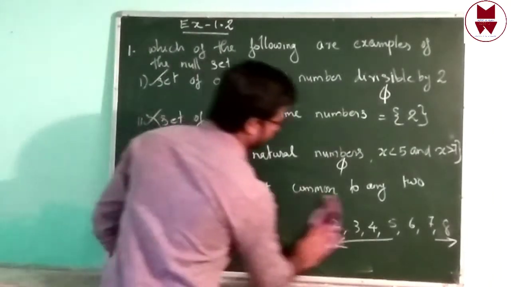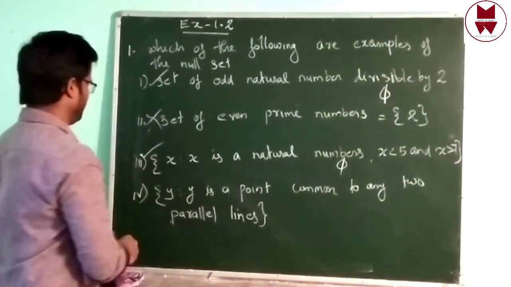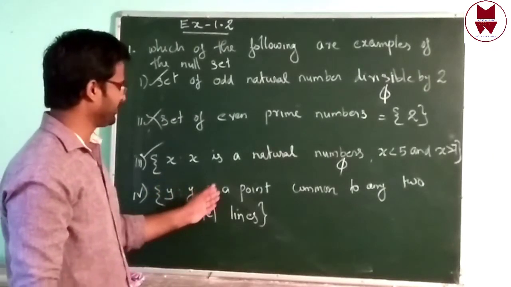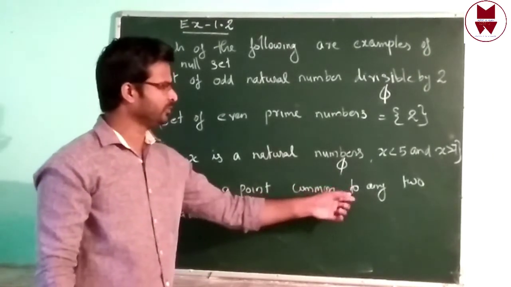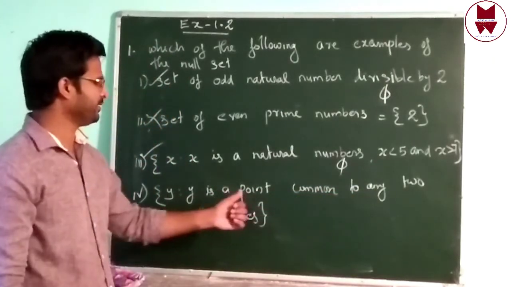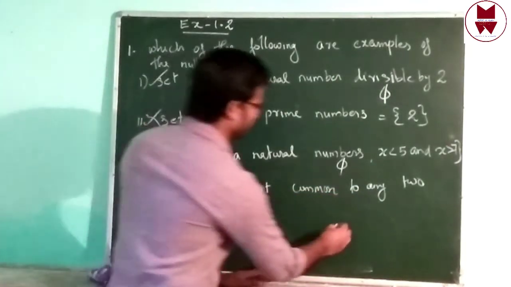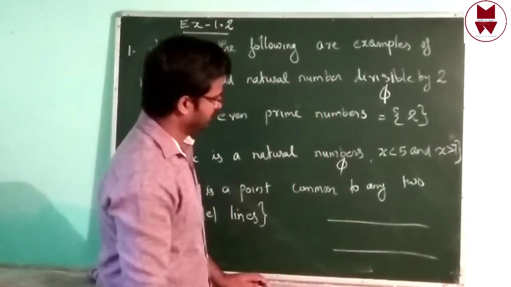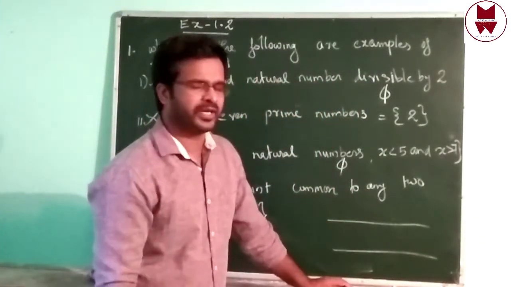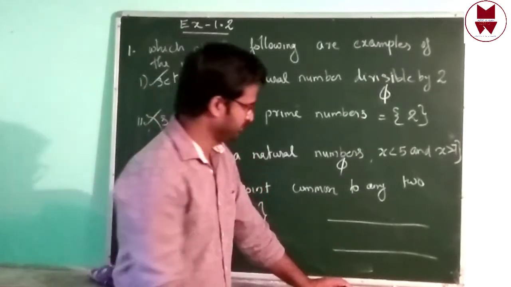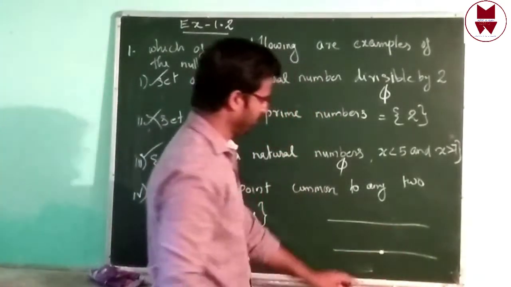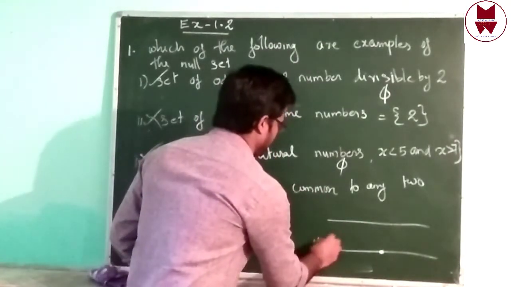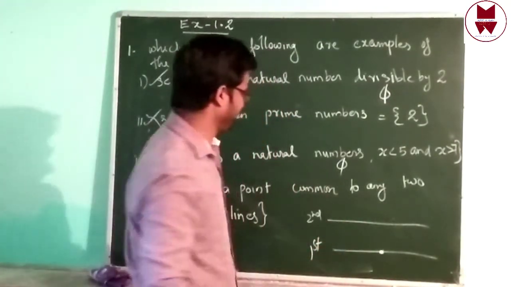Then Roman number 4: set of y such that y is a point common to any two parallel lines. Just two parallel lines. From here, can you find any common point? If you put one point here, this is a point on the first line, this is the second line.